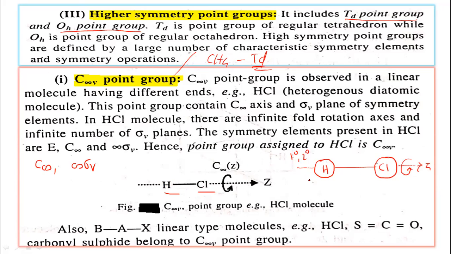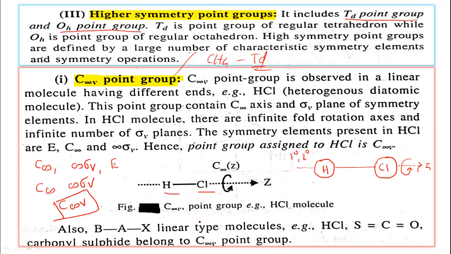So it has infinity sigma v, and identity is always there. These are the symmetry elements present in the HCl molecule. As it has the C infinity principal axis and infinity sigma v mirror planes, the point group assigned to the HCl molecule is C infinity V.